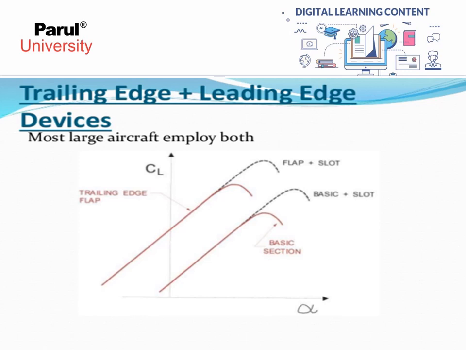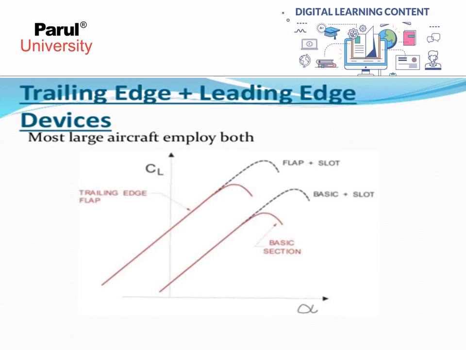Now we can see the trailing edge flaps without slot and with slot, then the highest value. We can see one more thing here: the basic section plus slot is equal to the trailing edge flaps without slot.